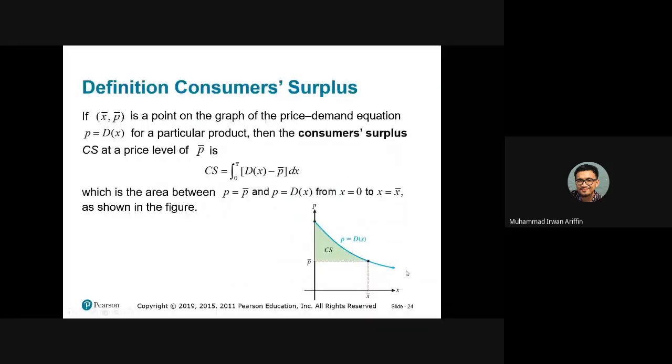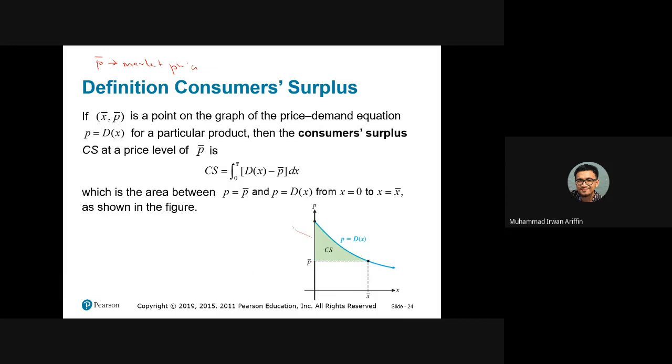So, consumer surplus. Let's say we have this price demand function, and P bar is the market price. Even though the price is at P bar, when the price is higher than P bar, we still have some segments in the market, especially those with higher income or preference, who are willing to pay a higher price, even though the quantity will be lower.